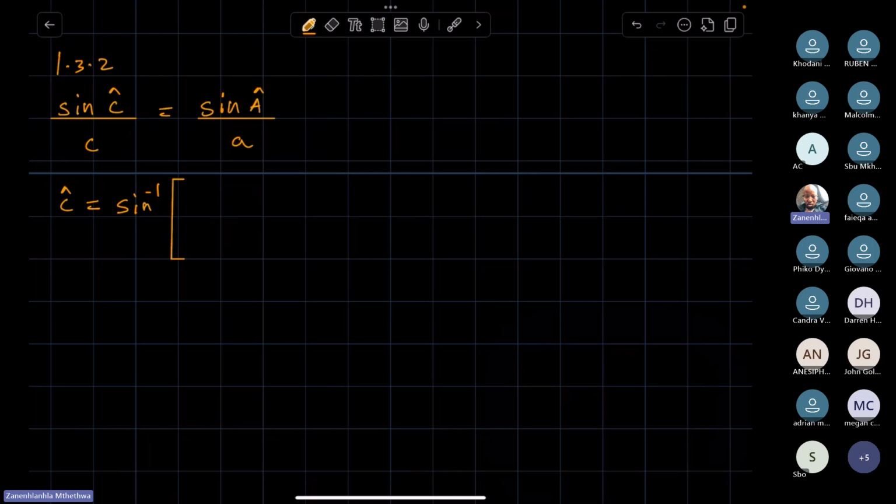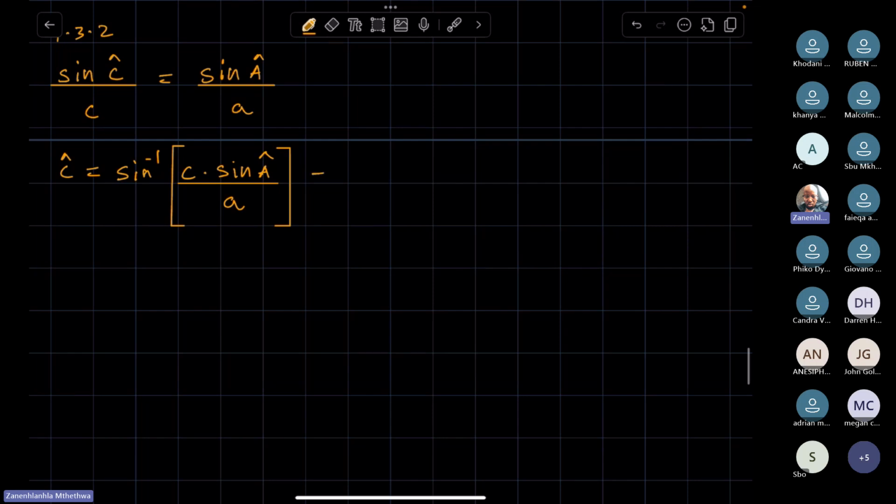Right. So arc sine of C times sine A divided by side A. And what is this equal to?